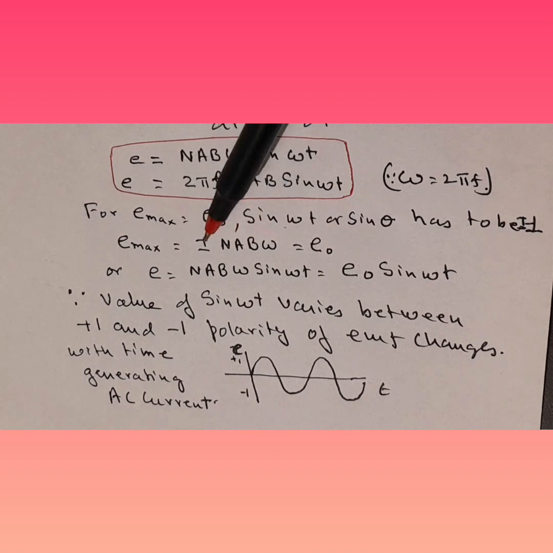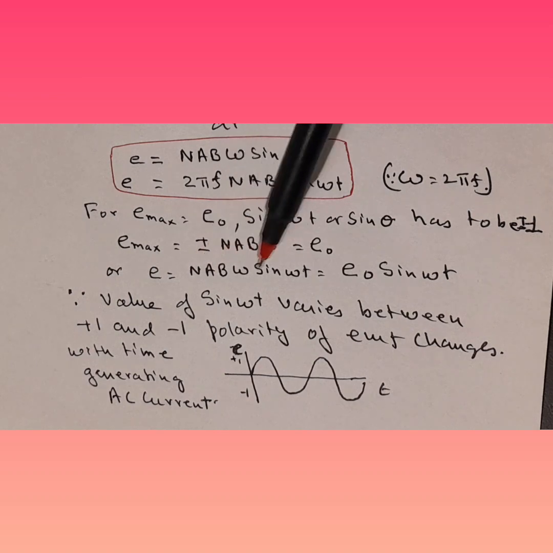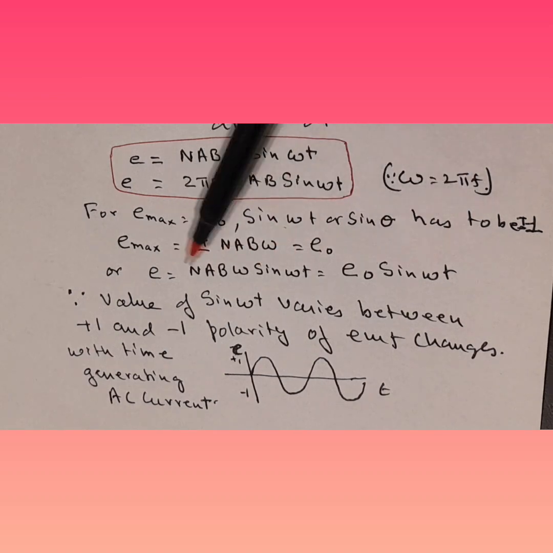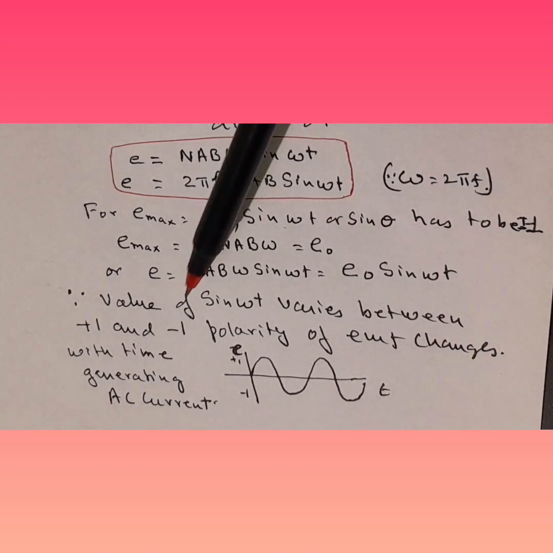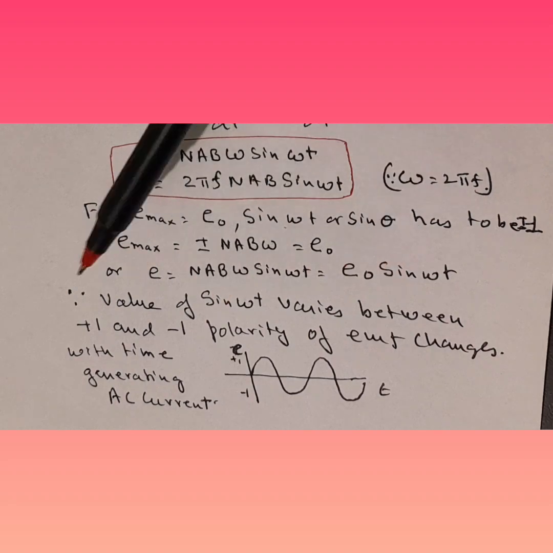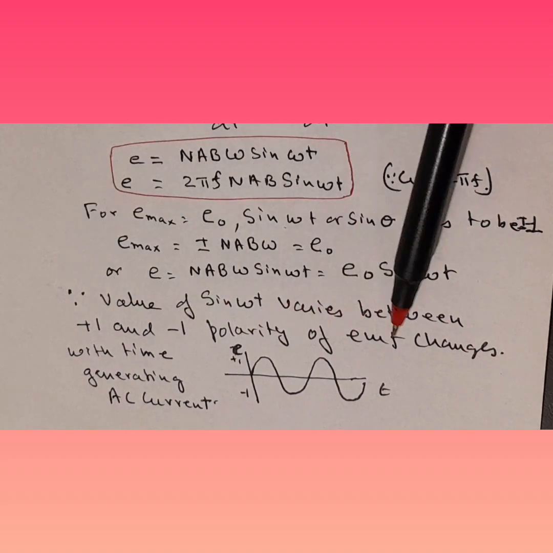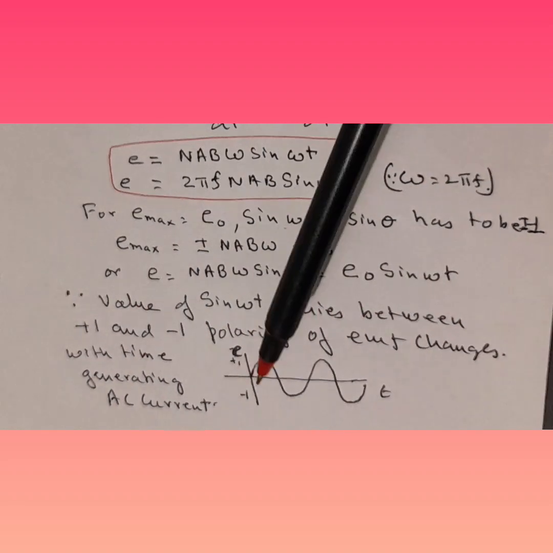So the maximum value can be plus or minus NAB omega, and E is equal to E0 sin omega t. Since the value of sin omega t varies between plus 1 and minus 1, the polarity of EMF also changes with time, generating AC current.